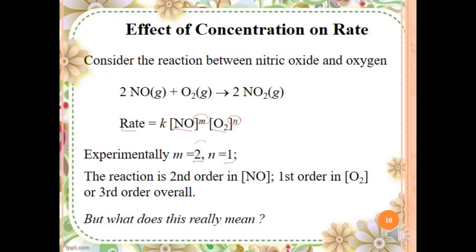This order of reaction, or this value here, is obtained from experiment, not from the balanced chemical reaction, although coincidentally it looks like it, but it's not. It's determined experimentally. So the overall order for this is third order, 2 plus 1.